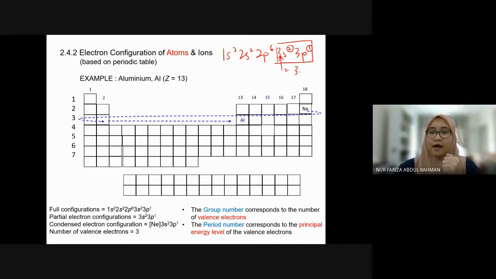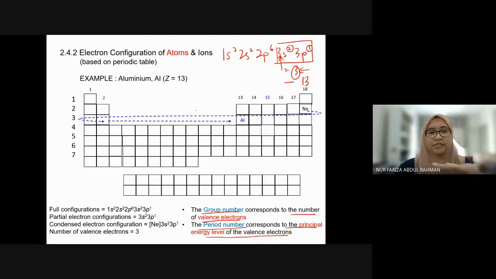Therefore, these 3 valence electrons represent the group number. So aluminium comes from group 13. The group number corresponds to the number of valence electrons, and the period number corresponds to the principal energy level of the valence electrons. This is how our periodic table looks.